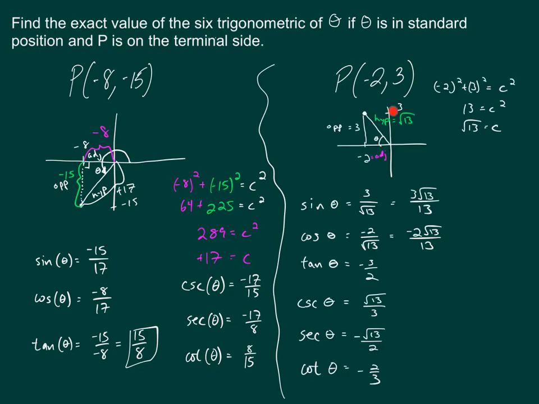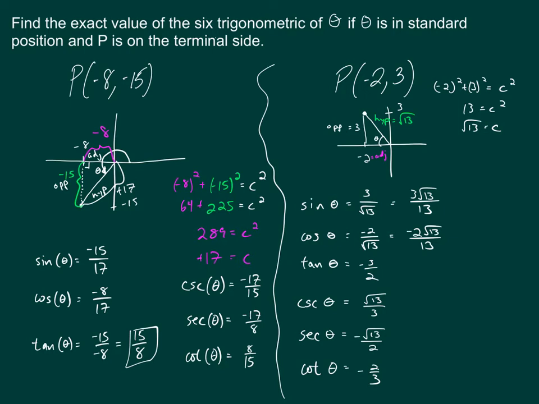So here's how this entire one is worked out. The point negative 2, 3, the adjacent side is negative 2, the opposite side is 3, and by Pythagorean theorem, the hypotenuse is the square root of 13.